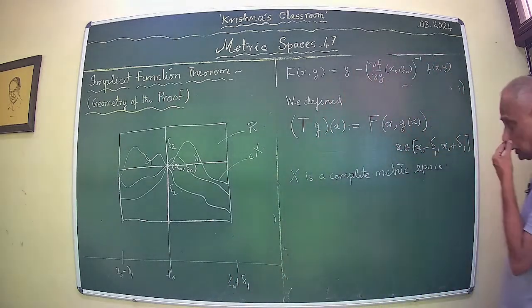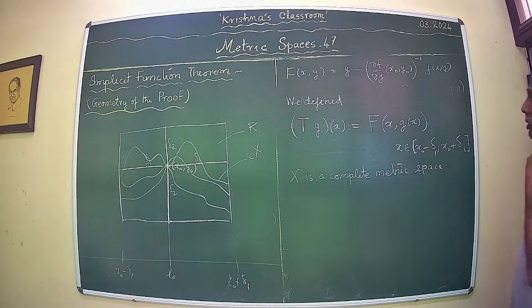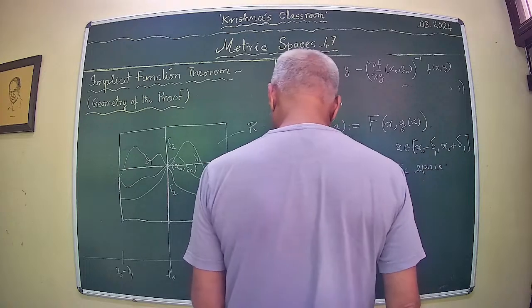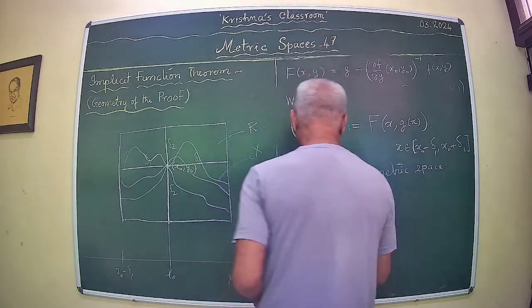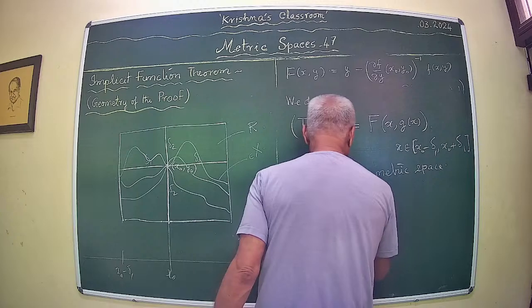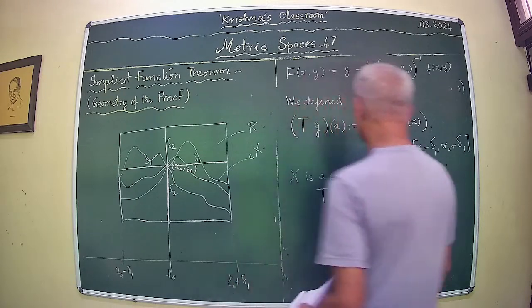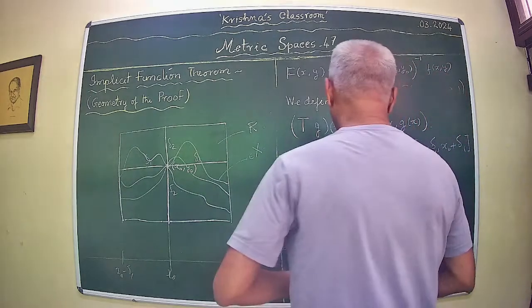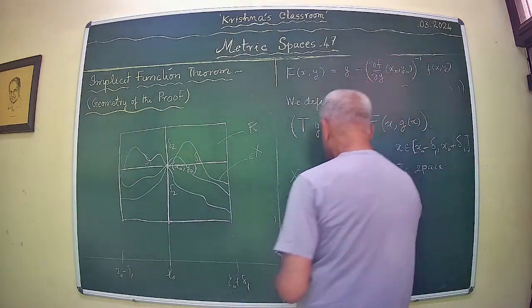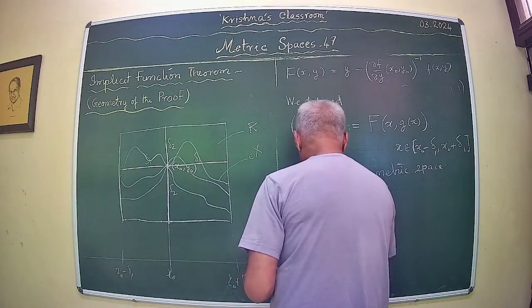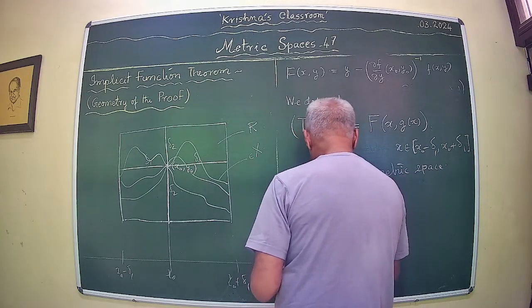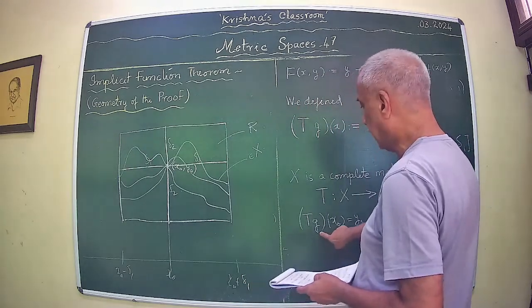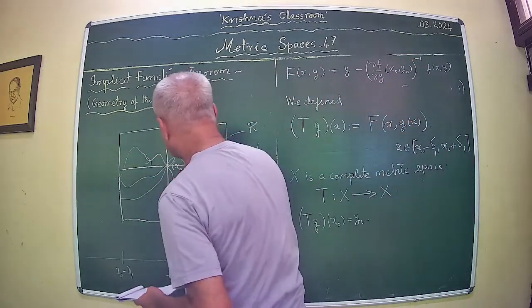So what you could prove is the following, that T is a map from X to X. If it has to be from X to X, what all things it should satisfy? We have proved Tg at x naught equal to y naught, so that the image of g under T is another curve passing through this.